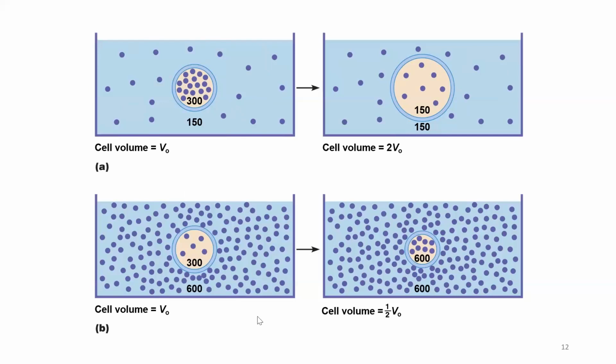Okay, let's look at the scenario here in B. We've got a high solute concentration outside the cell and a low solute concentration inside the cell. What direction of water movement do we see in order to get us to the isoosmotic state here?